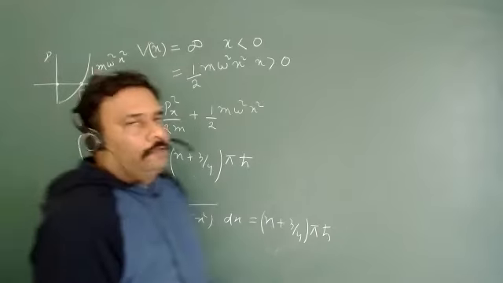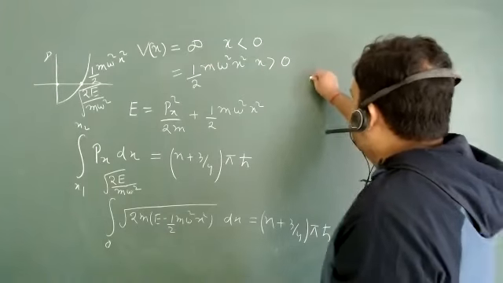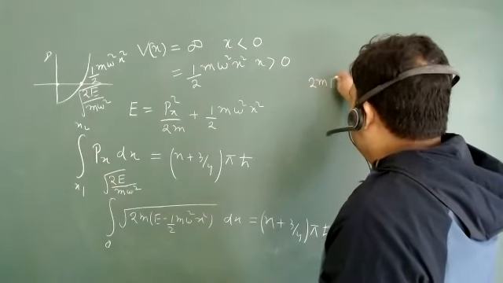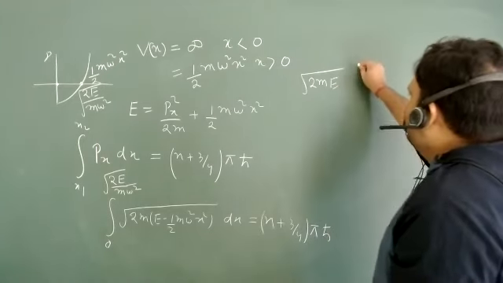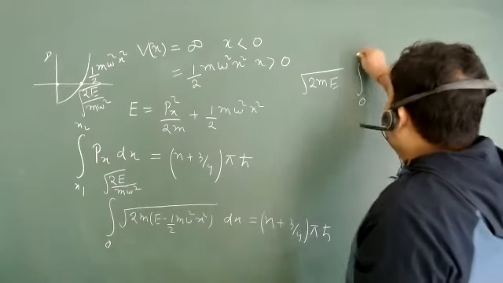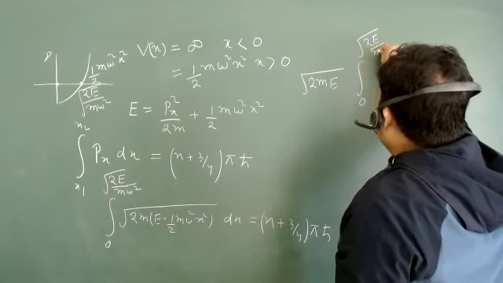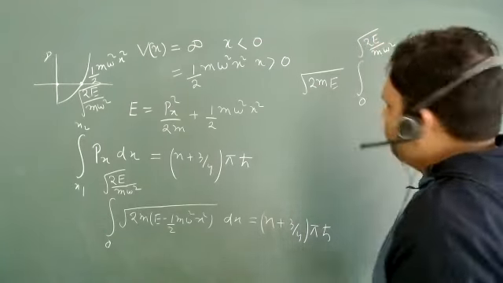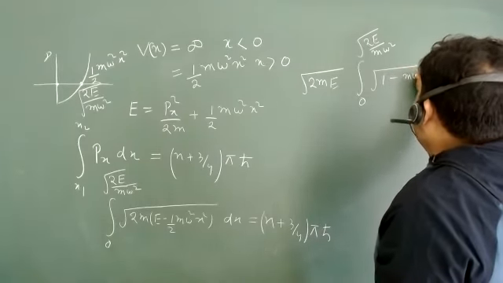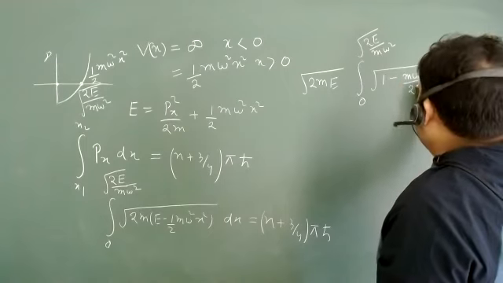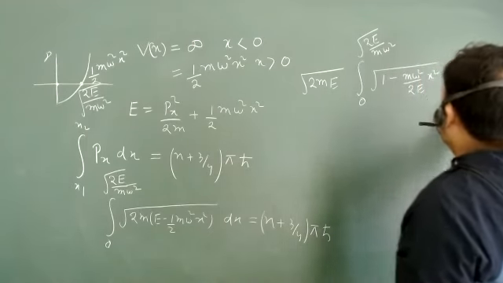Now we have to go for the same method of integration. We can take root under 2mE common, so we have the integral from 0 to root under 2E upon m omega square, of root under 1 minus m omega square upon 2E x square, dx.